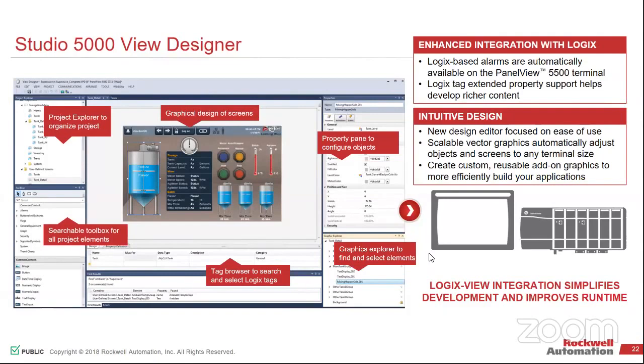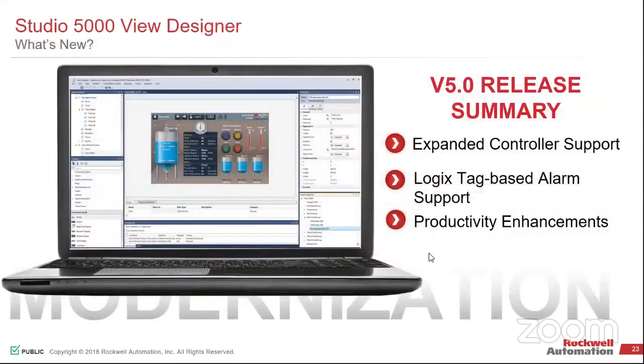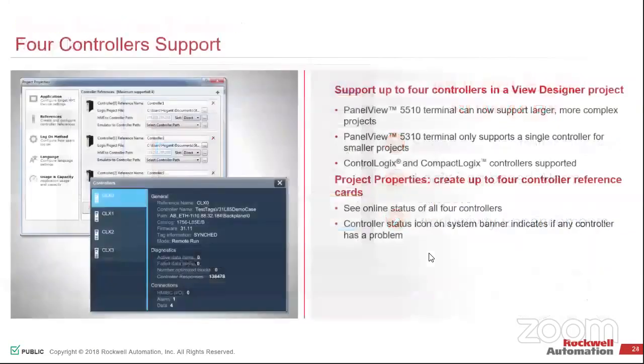It will be our most cost-effective one in the future for a standalone, purpose-built HMI. We've got two versions of it. The 5310 is the low-end version, with a single controller tied to it, not Class 1 Division 2, not hazardous area.